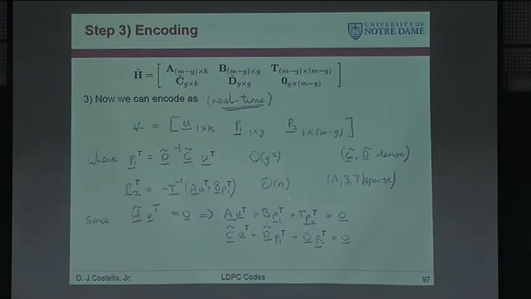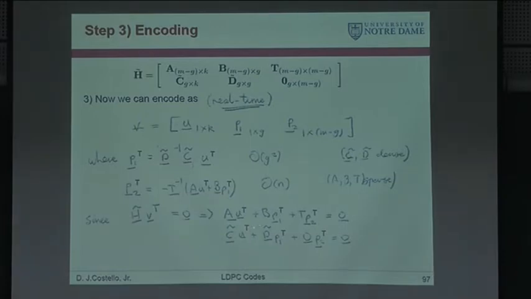And then we'd have T times the second parity part. And from the second row here multiplied by V transpose, we get C tilde times U transpose plus D tilde times P1 transpose plus 0 times P2 transpose. So these equations must be satisfied by any code word.